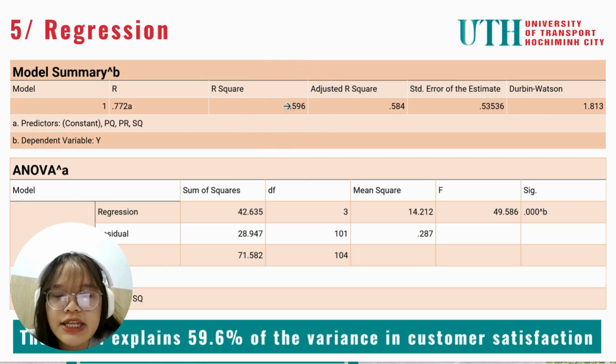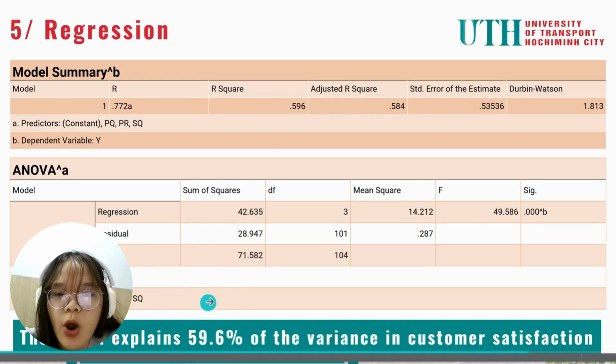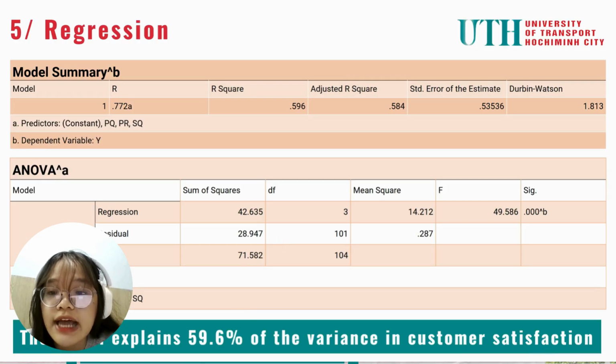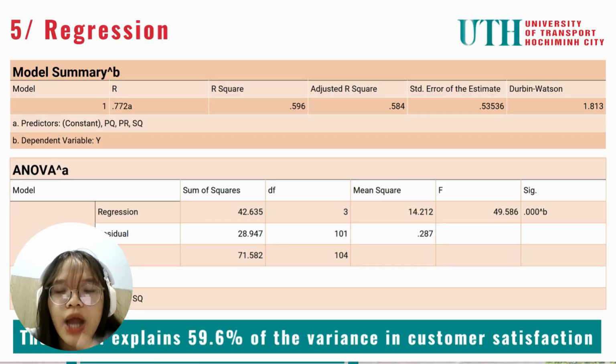So this means that the service quality, the price perception, and the product quality jointly explain about 59.6% of the variance in the customer satisfaction. The remaining 40% may be related to other factors that were not included in my research.